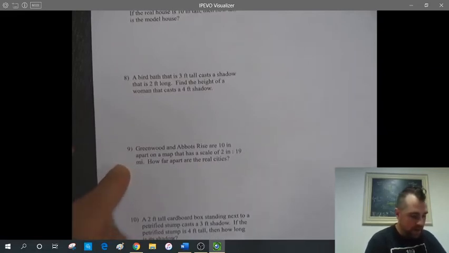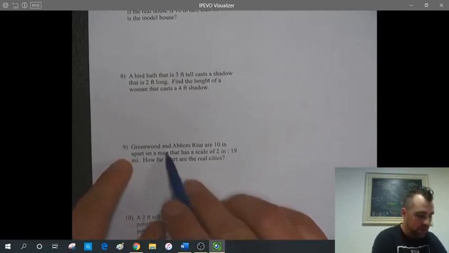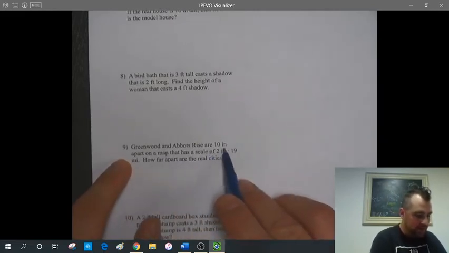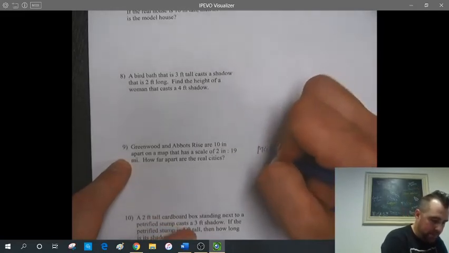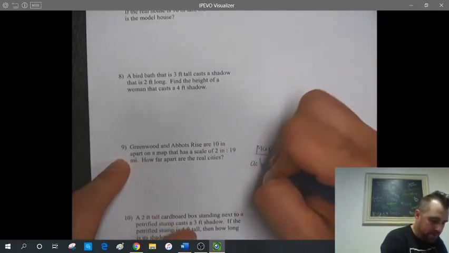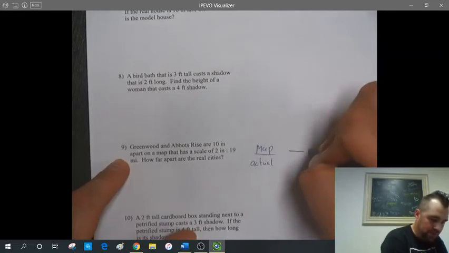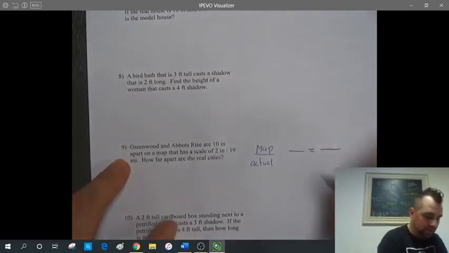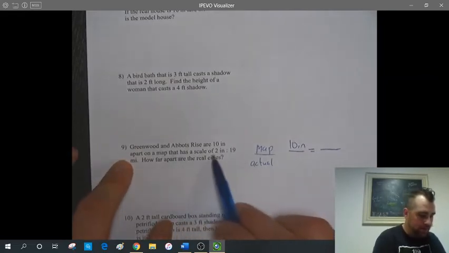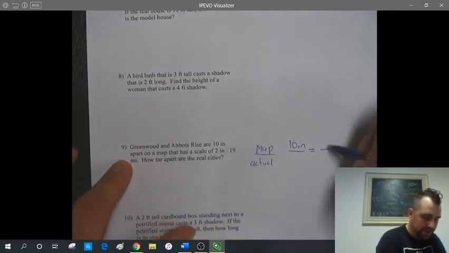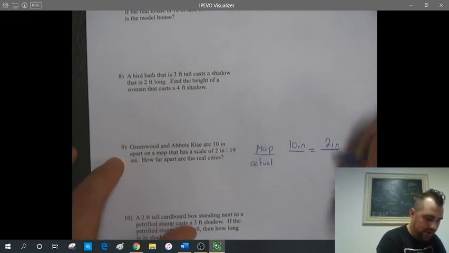Similar idea to the scale drawing one. So Greenwood and Abbott's Rise are 10 inches apart on a map. So map to actual can be the comparisons we make here. So 10 inches on the map, and the scale of the map is 2 inches for every 19 miles.